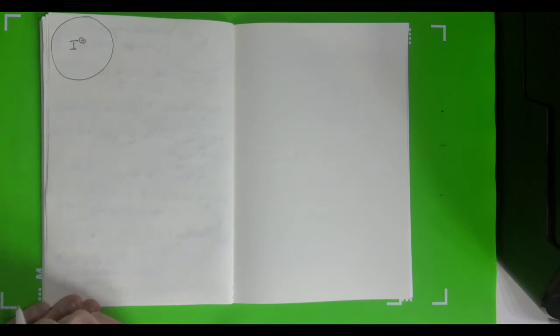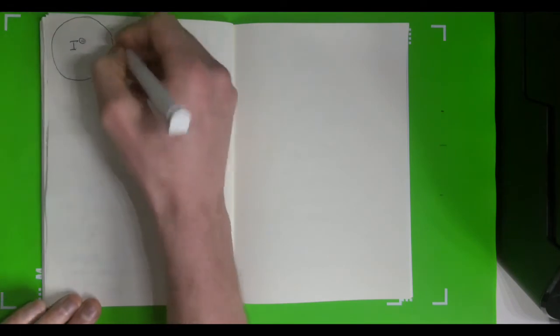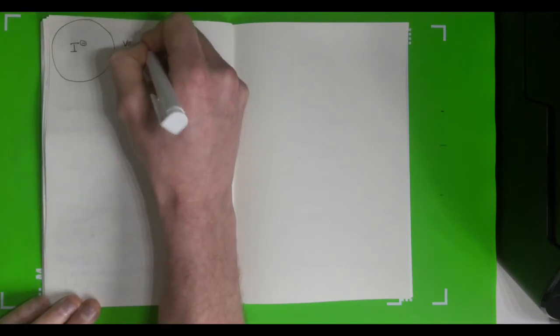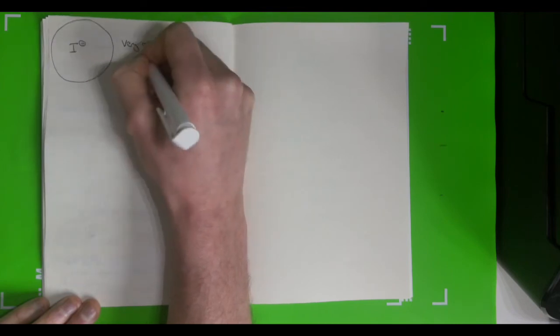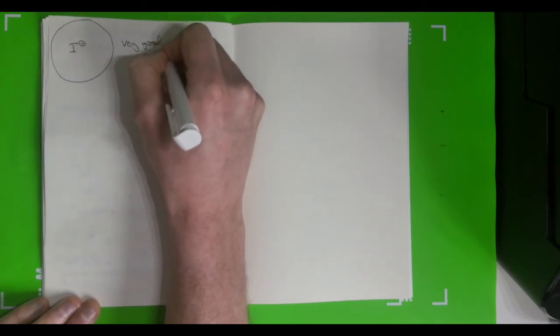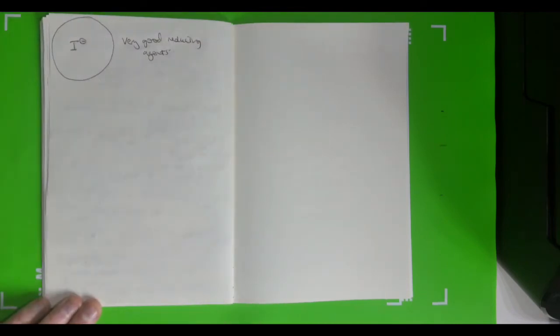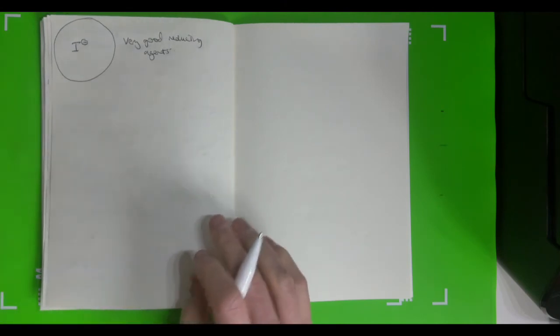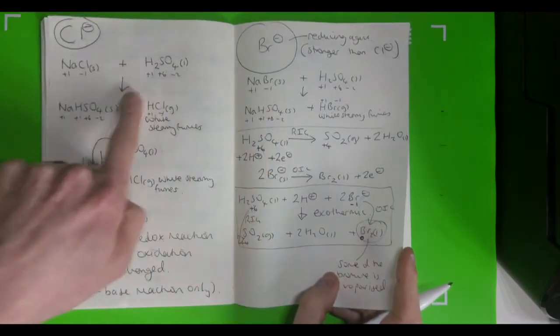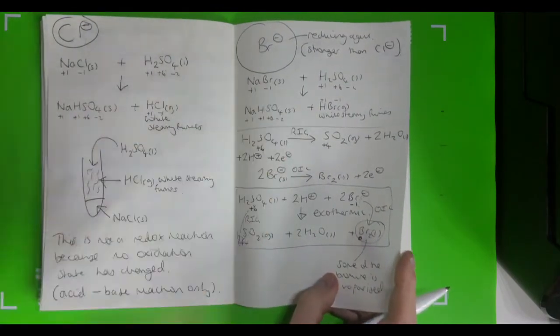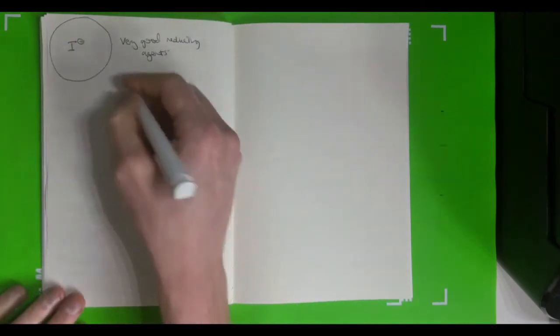So iodide ions are brilliant reducing agents. Have a look at this one then. So the first thing which happens is exactly the same as chloride and bromide. You get this acid-base reaction. So I'm going to write down the acid-base reaction first of all.